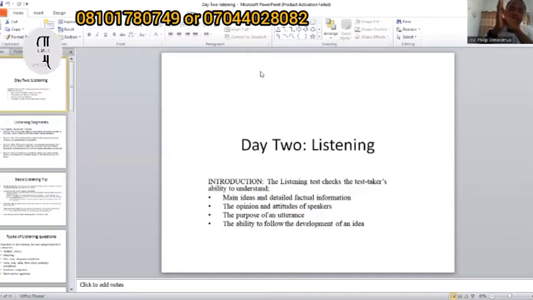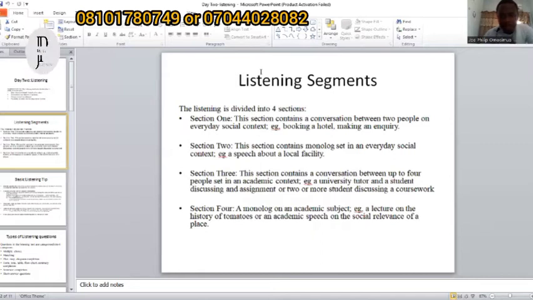Then this listening test is divided into several segments. It is a segmented test. What do I mean by a segmented test? It is divided into several parts. The first part is section 1, which is a conversation between two people in a social everyday context.